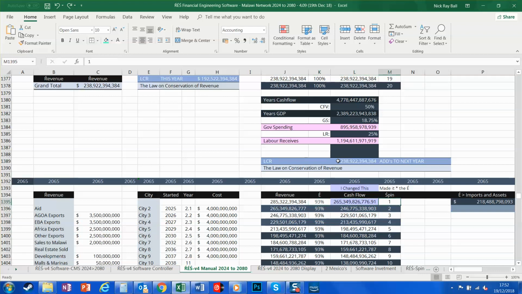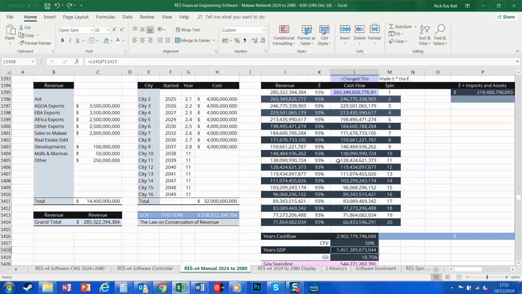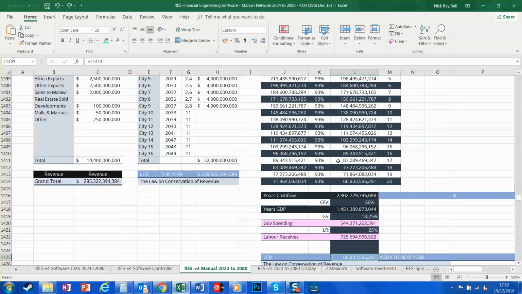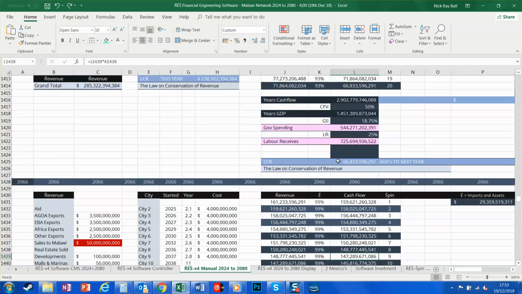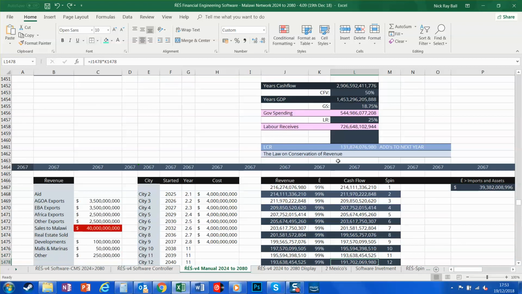Again, a massive buy, 218, and that demolishes the revenue, the LRC, the Law of Conservation of Revenue, only to be built up again. And this time I've worked at 99%, and we start to see this has been added.